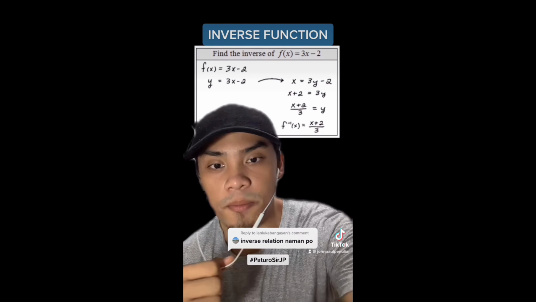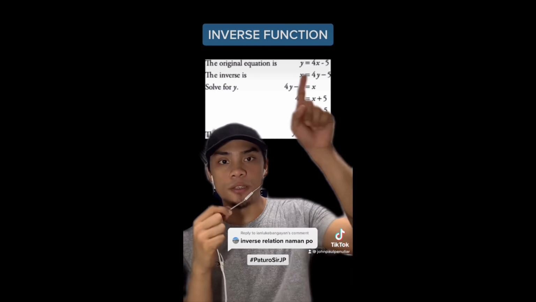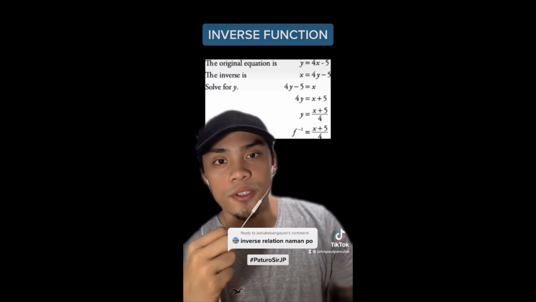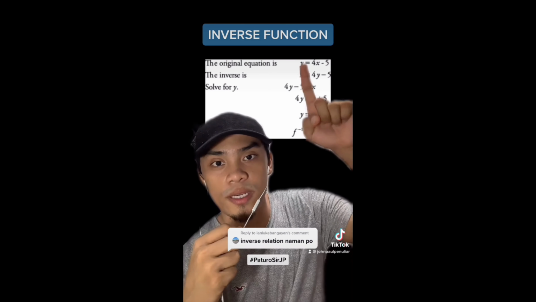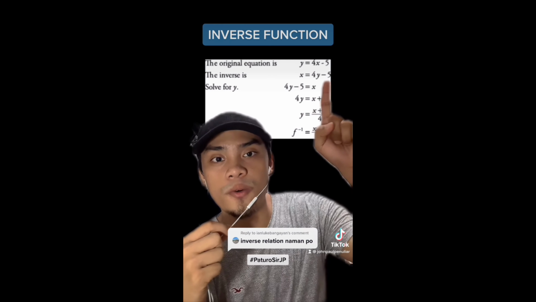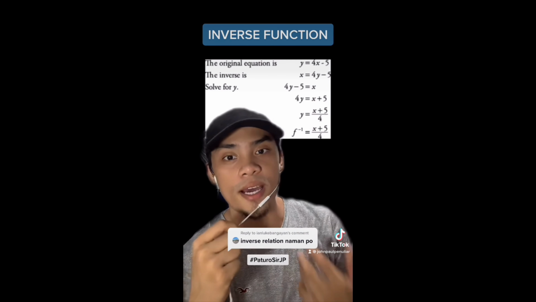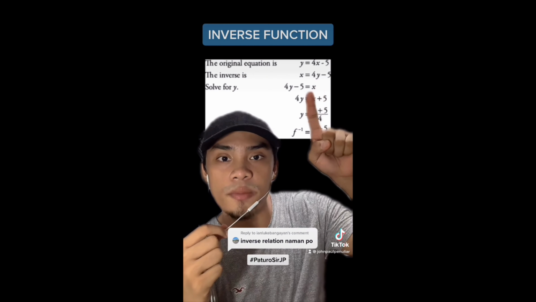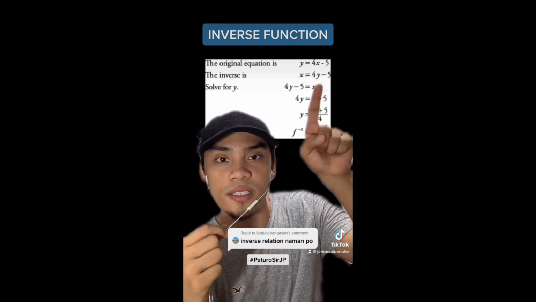Here's another example. Ayan. Original equation, y equals 4x minus 5. Hahanapin yung inverse function yan. Again, first step, yung y gawin mong x, and then yung x gawin mong y. So, x equals 4y minus 5, and then gawa ng paraan na matira yung y sa isang side. So, sa case na to, ang ginawa naman niya dito, pinagpalit lang niya muna.